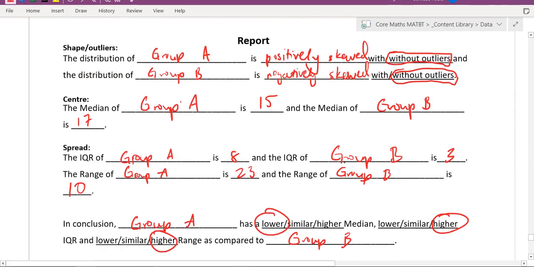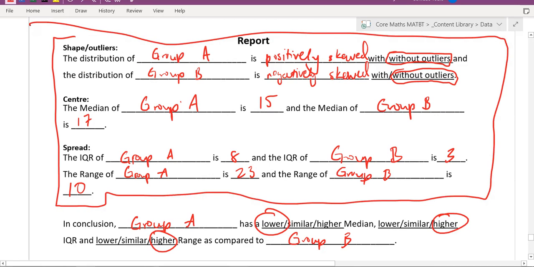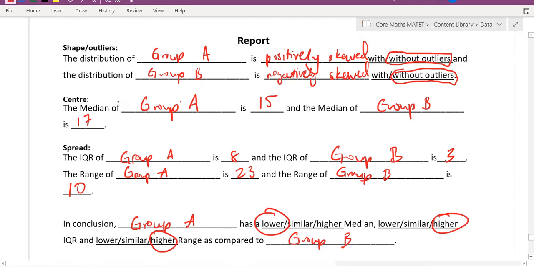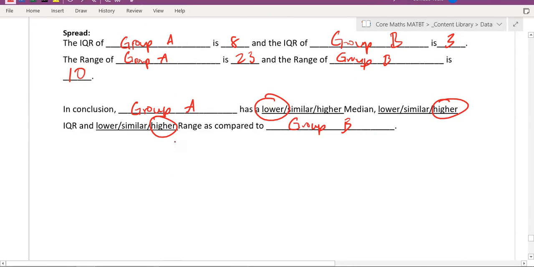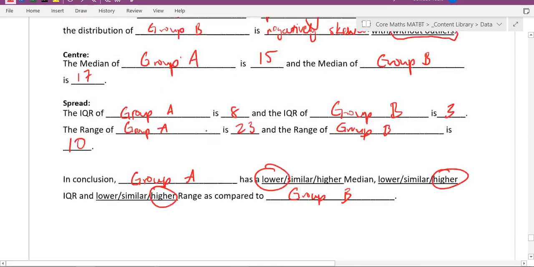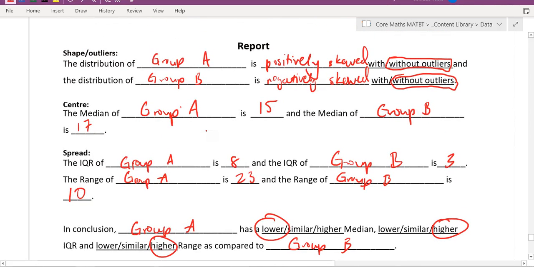Okay. Now, technically, again, all you have to have is this. If you can actually just talk about this for me in the SAC and in your assessments, I would be happy with that, and you will get full marks for it. But if you included the little bit in the end, that's fine too. Yes, Houghton. If the medians were 16 and 17, would you put it as similar or not? You technically could, yeah.